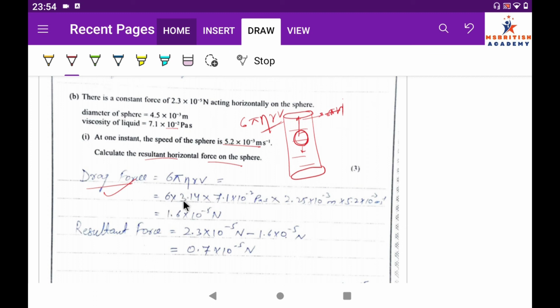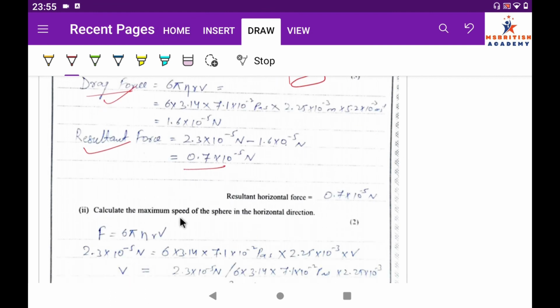After putting the values, we get the drag force as 1.6 into 10 raised to minus 5 newton, and a constant force of 2.3 into 10 raised to minus 5 newton is acting on it. So the resultant force will be this force minus the drag force, so it is 0.7 into 10 raised to minus 5 newton. Okay, this is our resultant force on this sphere.